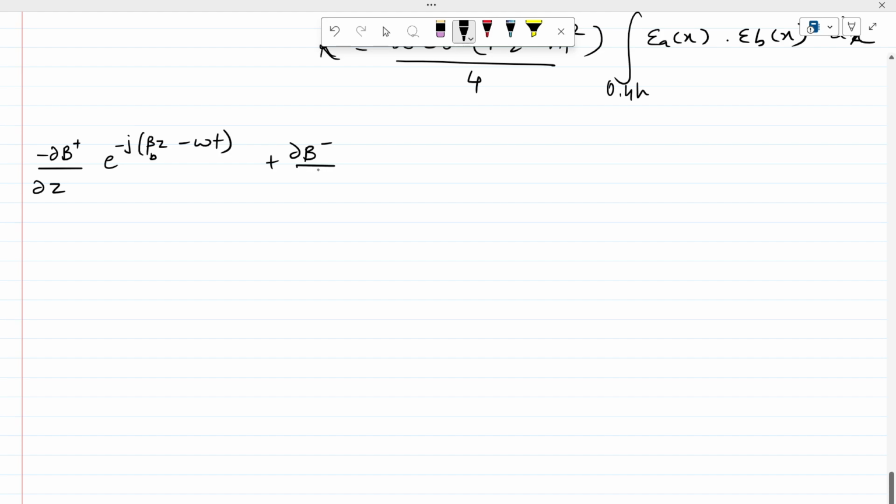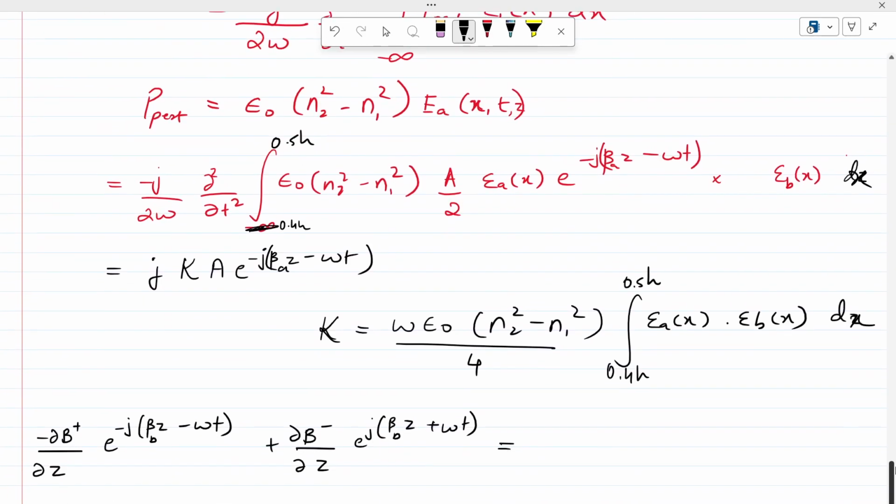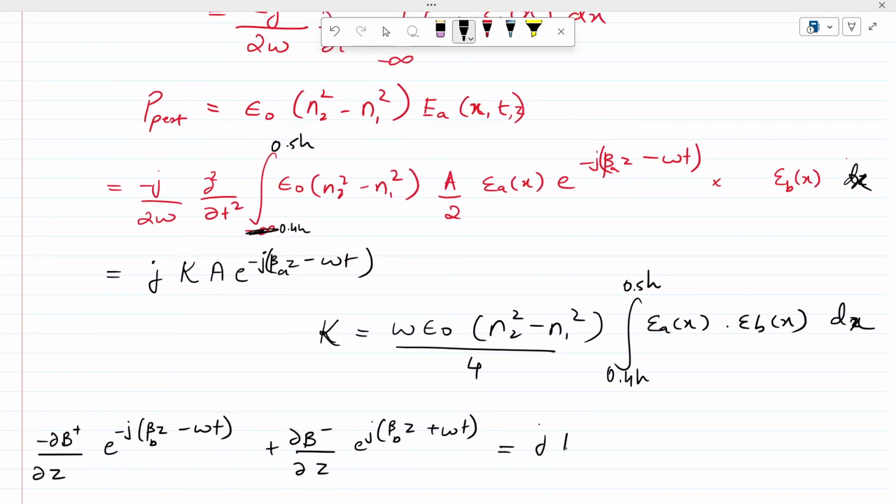Minus dou B minus upon dou z e power j beta B z plus omega t is equal to, what is the RHS that I just got? J kappa a e power minus j beta a z minus omega t.